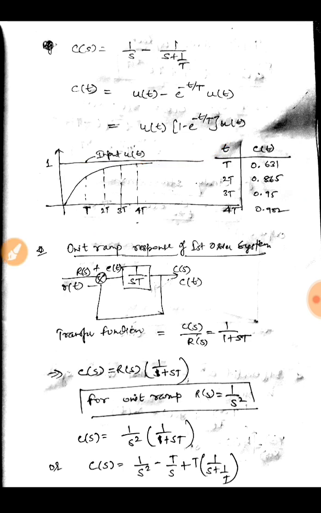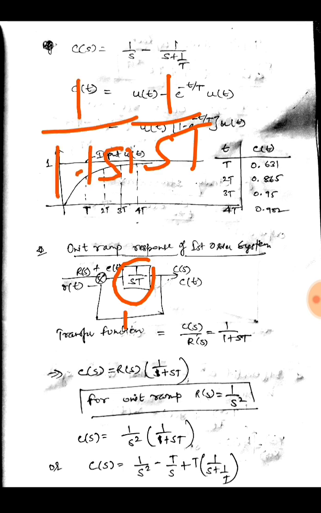Now let's see the response for a unit ramp signal of first order system. So again this is our first order system in which the open loop transfer function is 1 upon sT and negative feedback is 1. So the closed loop transfer function will again come out to be 1 upon 1 plus sT as in the last example.